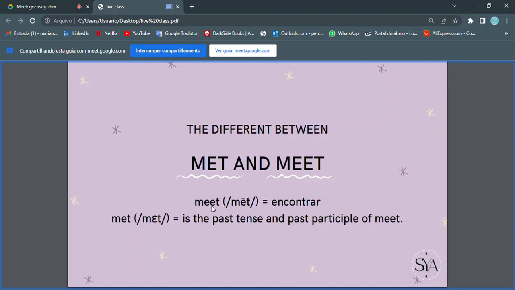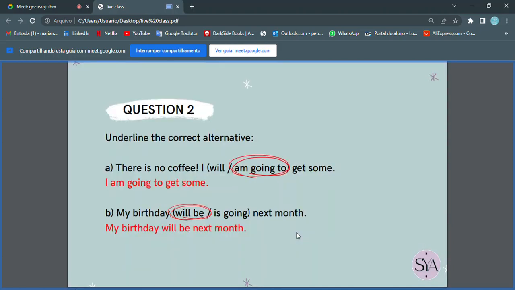So we have meet, and we have met, which is the past tense and past participle of meet. I just want to bring this as a matter of curiosity in grammar, for you guys to know if you didn't already.